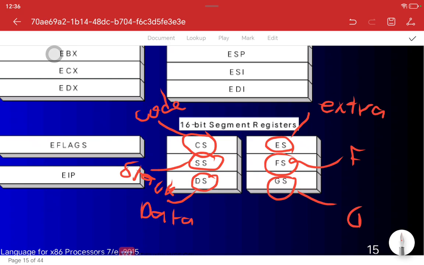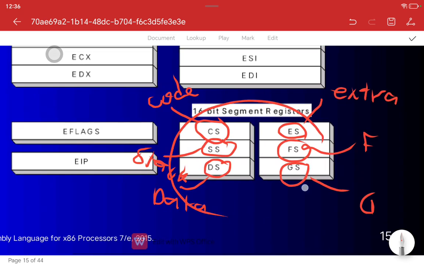These are just gonna be the memory segments, and they're also gonna be used to protect memory. In most cases we don't focus on this, but if we come across any part where we have to, I'm gonna explain why they are using the code segment, the extra segment, or the stack segment.